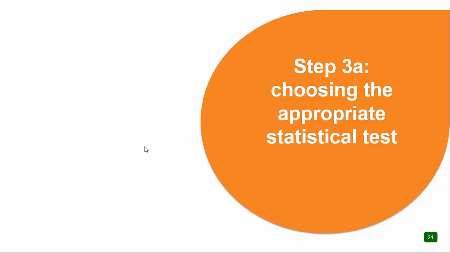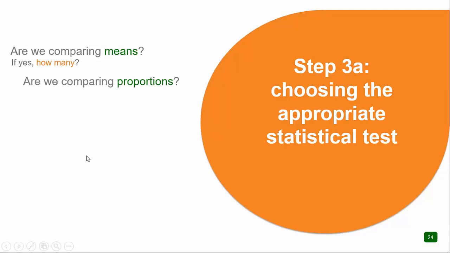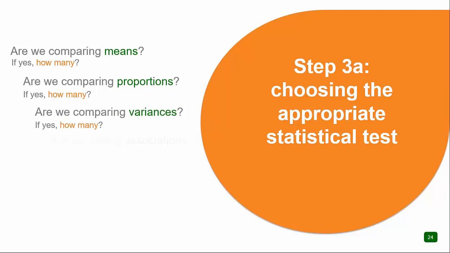If we look back at those hypotheses we just wrote, are we comparing means? And if so, how many? Are we comparing proportions? And if so, how many? Are we comparing variances? And if that is the case, how many? Are we testing associations between pairs of variables or between blocks or inside a block of variables? And on and on.